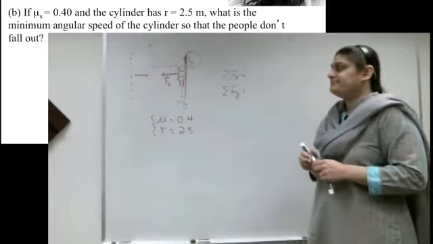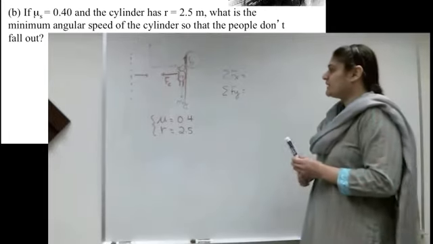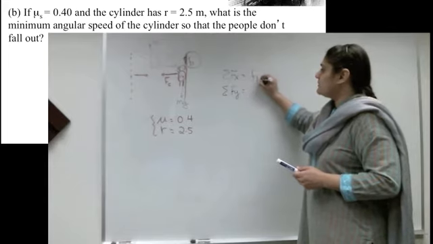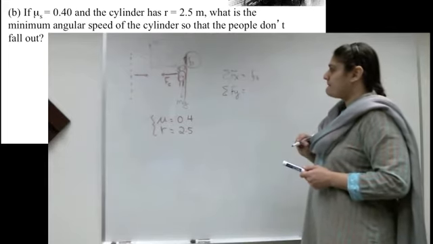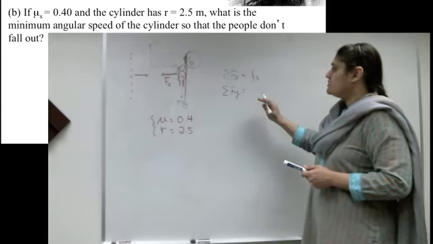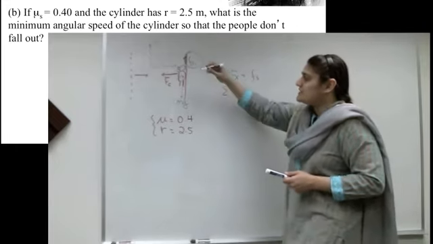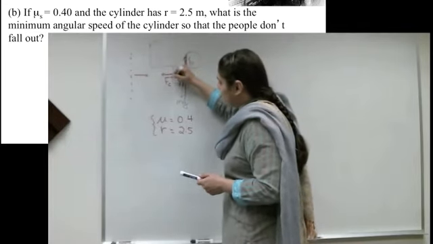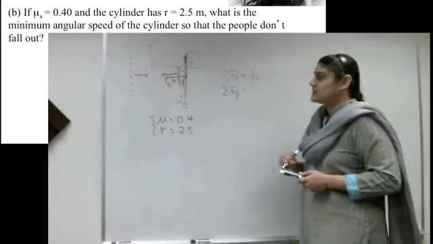Why? Because that's just what we've always done. So that means I have frictional force here. Do I have a normal force? Yes, absolutely. Since this person is touching at this point, I have a normal force that is acting on this.